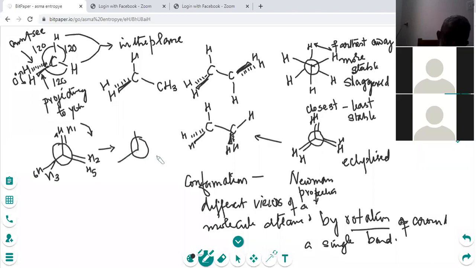Here is my 60 degree rotation. Or the hydrogen. So I have my H1 here, H2 here, and my H3 here. So this is 60 degree rotation.